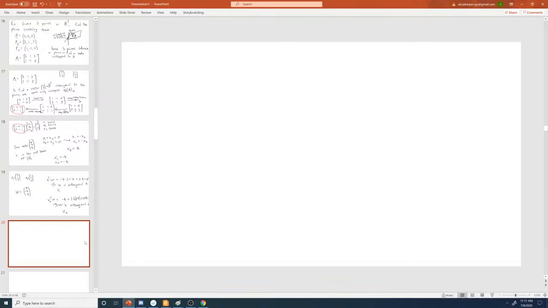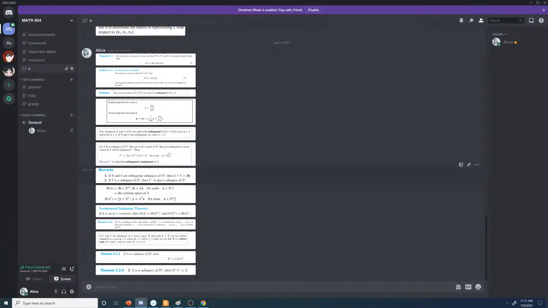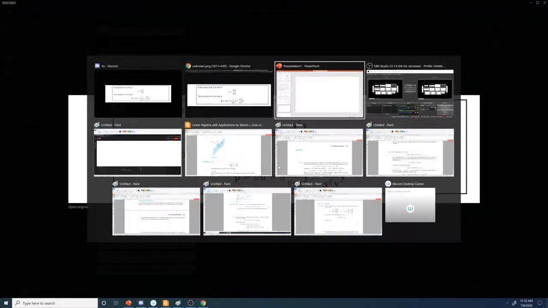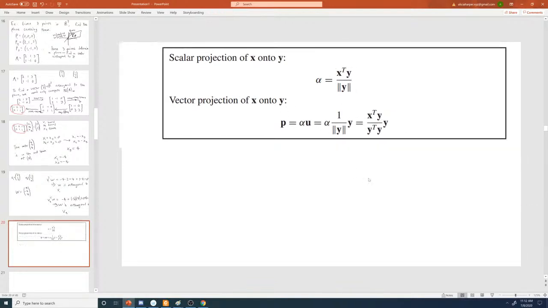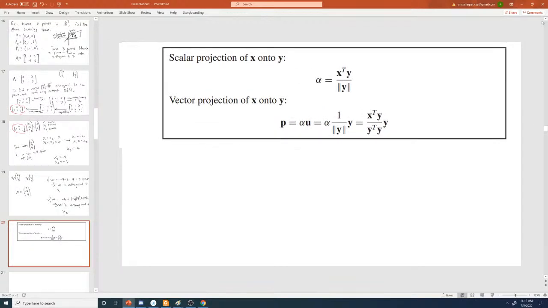Let's look at one more thing. You've all probably seen the scalar projection and the vector projection, but I want to look at them again. Here's the way to think of these two quantities, P and alpha. Suppose we have vectors x and y, as in this picture.